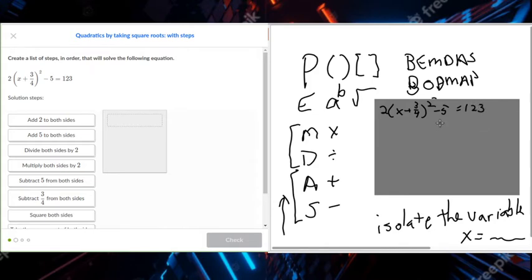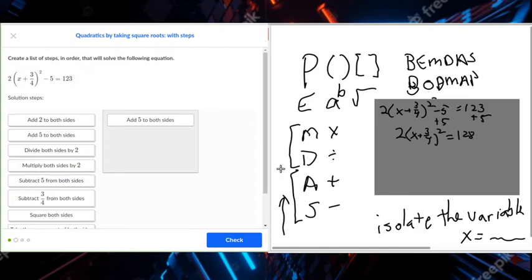So what are we going to do first? We're going to start down here, and we're going to add 5 to both sides. So do I have add 5 to both sides? Yes, I do. So now we have 2 times x plus 3/4 quantity squared is equal to 128.